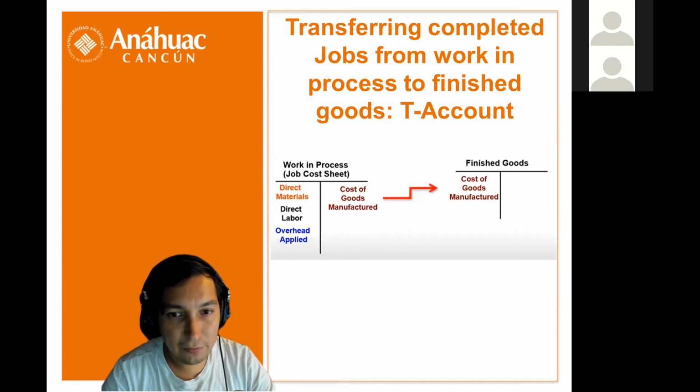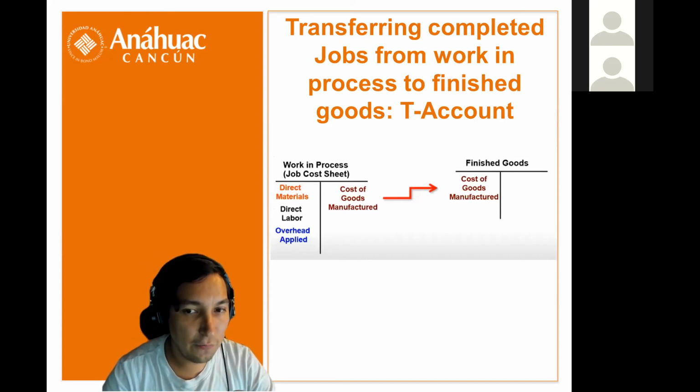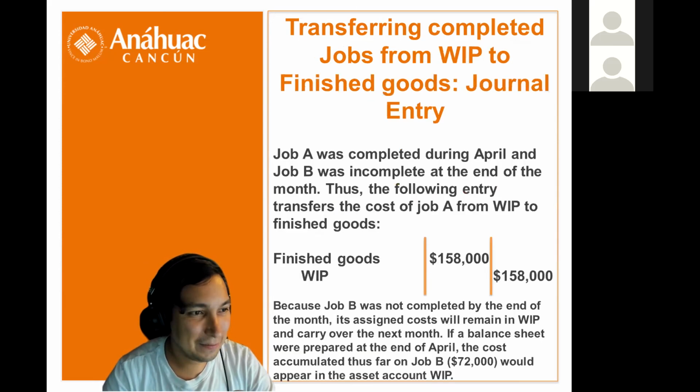That dollar amount that we're transferring, that is our COGM, that is our cost of goods manufactured. So when we finish job A, it's going to move from WIP over to finished goods. So we debit finished goods and credit WIP, okay?